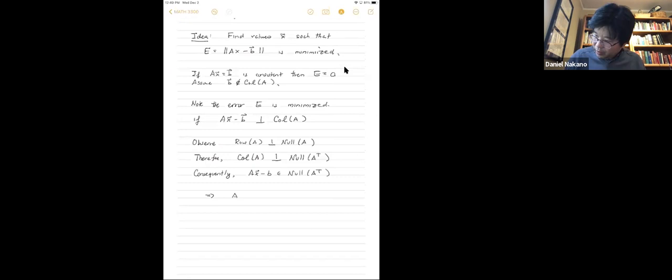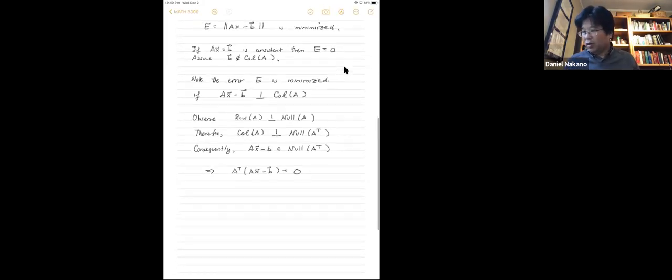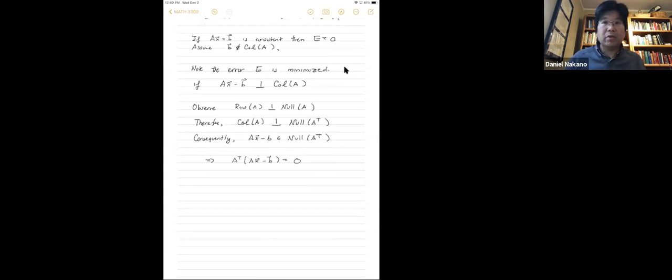So A transpose times (AX minus B) has to be 0. Multiplying A transpose all the way through, we have A transpose AX must equal A transpose B. This is when X minimizes the error. This is an important formula to remember.